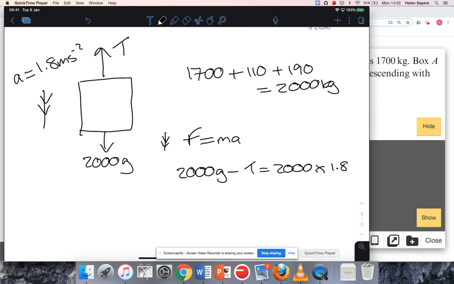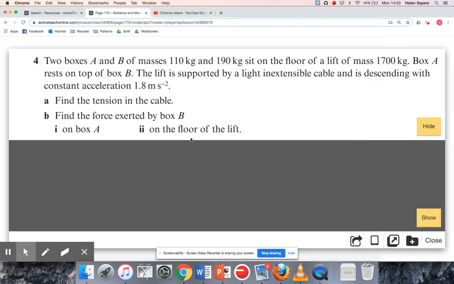So if I do 2,000 g minus 2,000 times 1.8, and then I do the other side, I get T is 16,000 newtons.